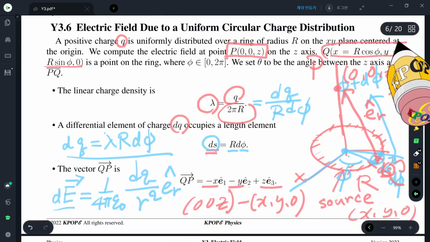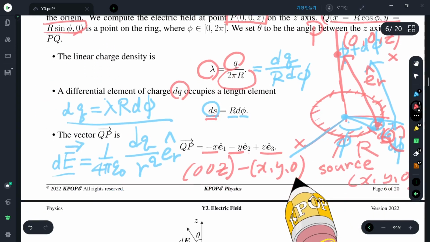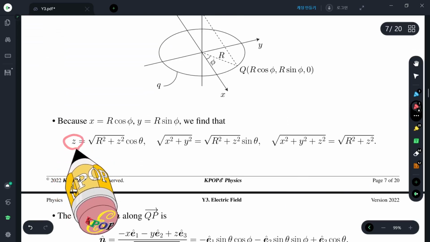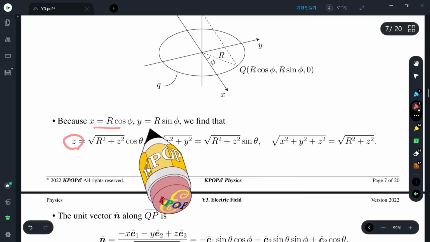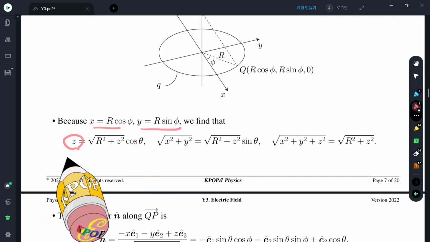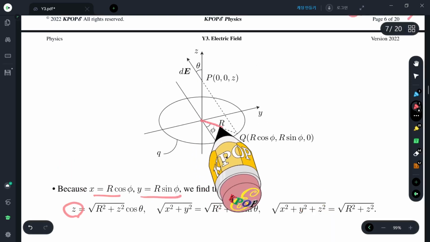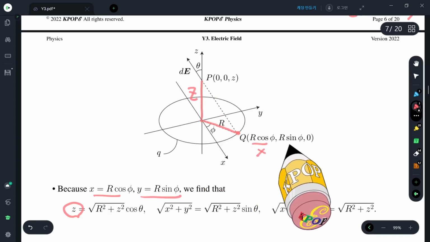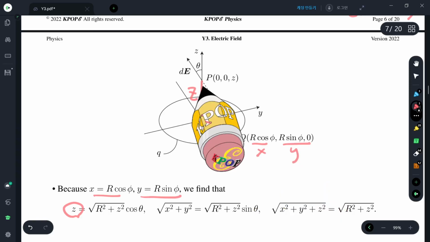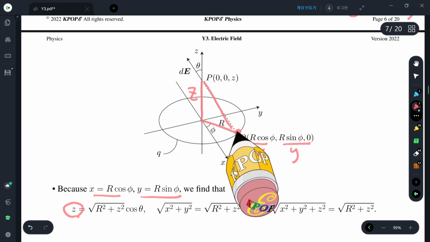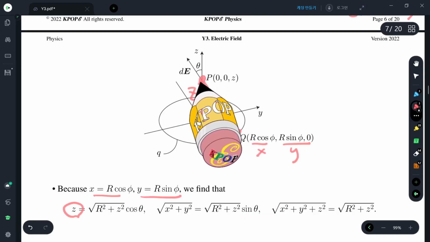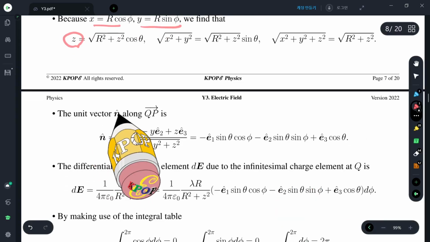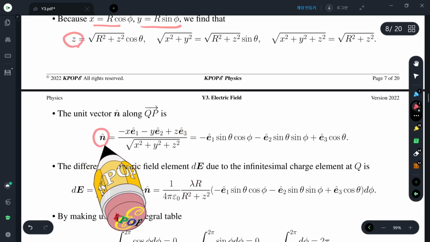Using this parameterization of a cylindrical coordinate system, we find that x and y are expressed like that. Substituting, we have a radius r, this is z, and for each point, this is x and this is y. This is the distance from the source to the field point. Using this expression, we can compute the unit vector.